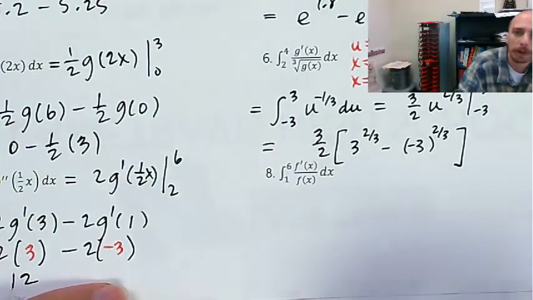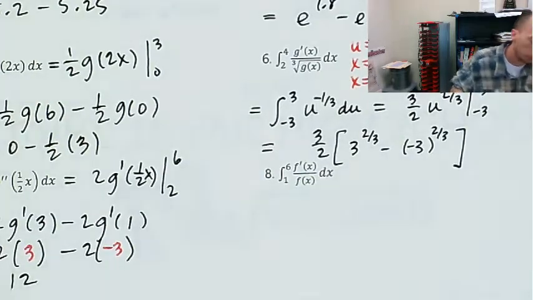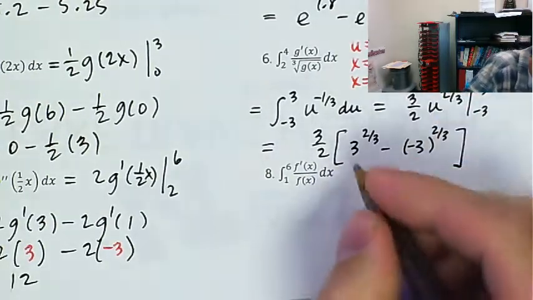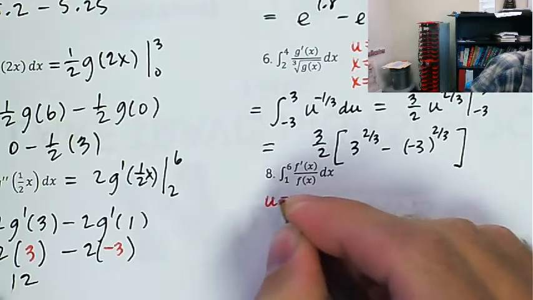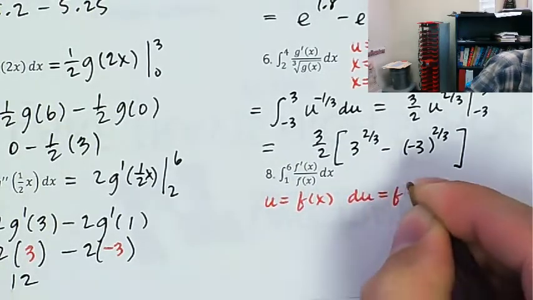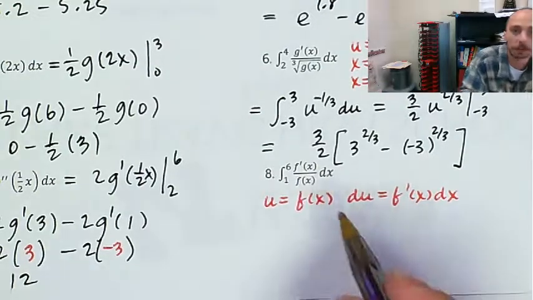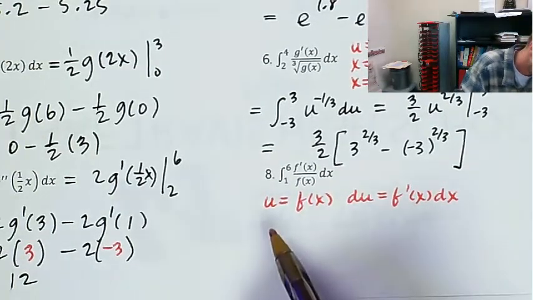All right, here we have u prime divided by u, which I feel like is a good place for us to stop, probably. I'm going to let u equal f of x, so that du is f prime of x dx, which happens to be exactly what I have, so that's a good thing.